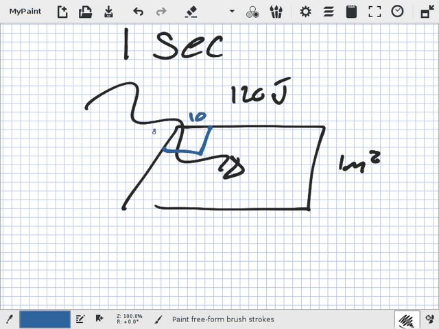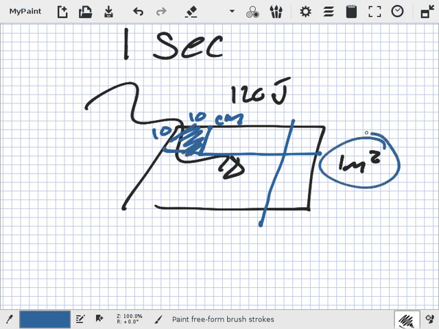Well, I have 10 by 10 centimeters. How many of these squares are in a meter squared? 100, isn't it? Because I'll have 10 this way, and 10 this way. So there's 100 of these little guys in a meter squared.